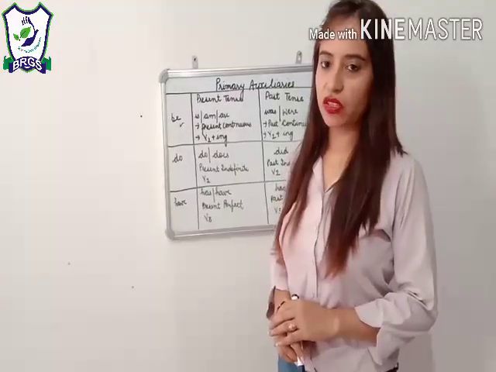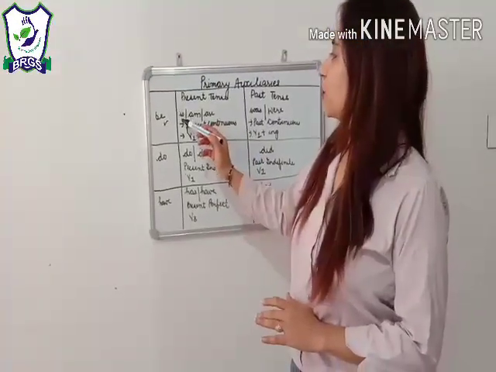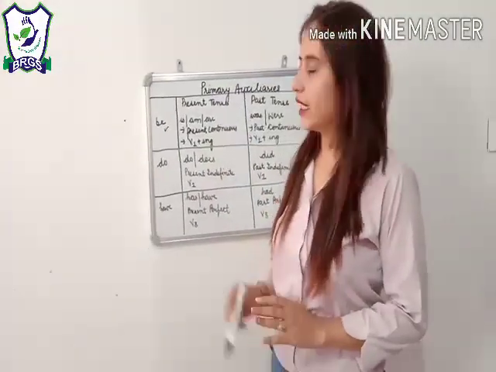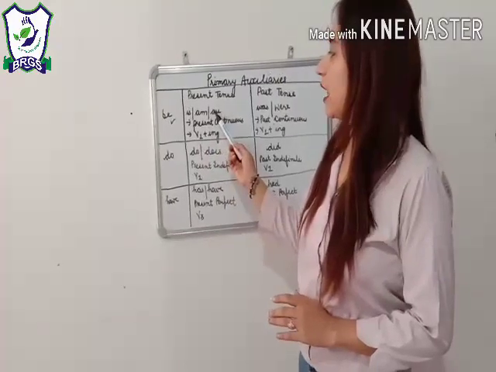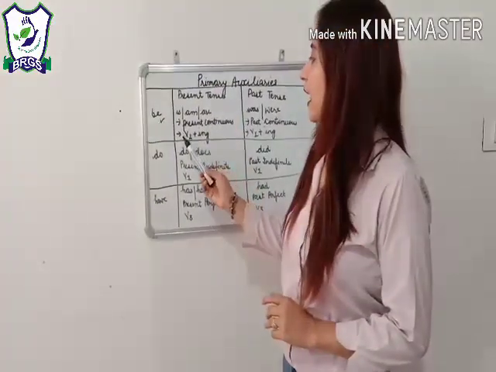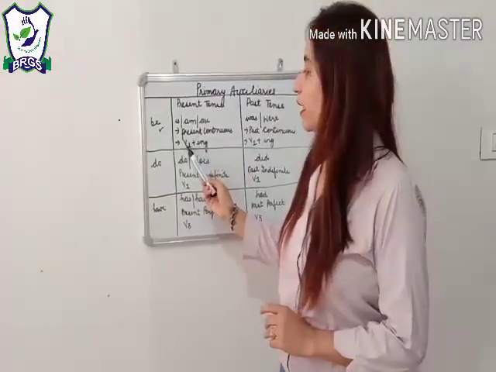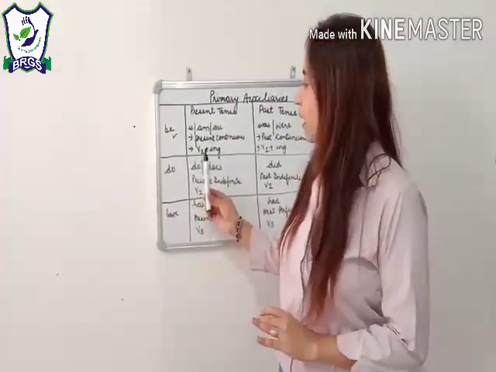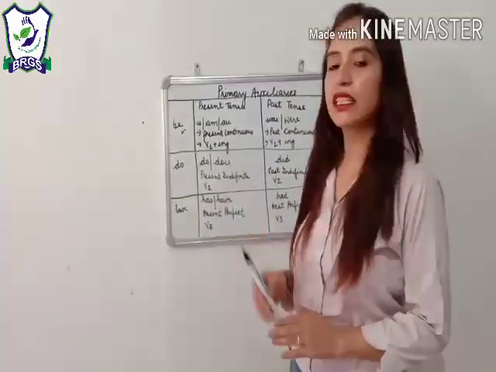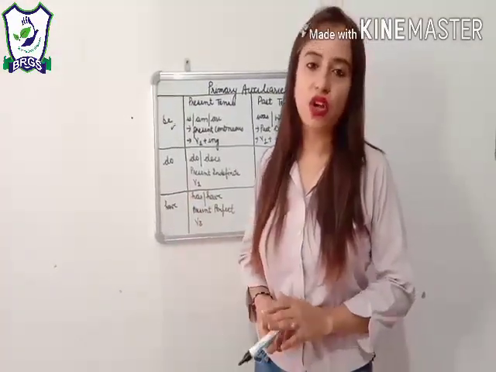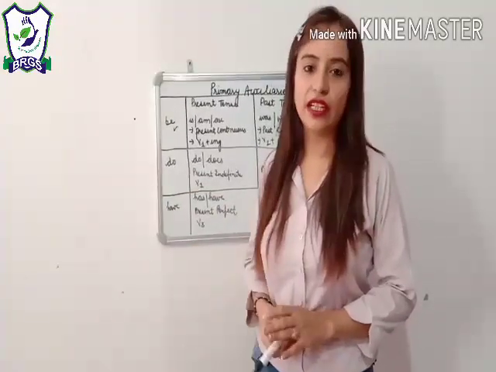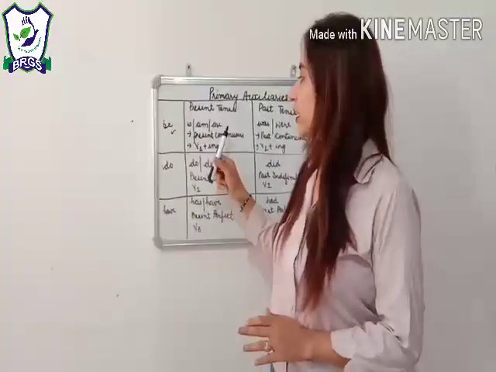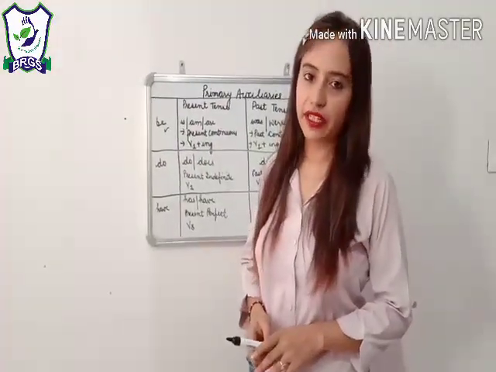Be is a primary auxiliary and it is used as is, am, are in present continuous tense, and it is always followed by the first form of verb plus ing. For example, she is calling her friend, or I am calling my friend, or they are calling their friend.